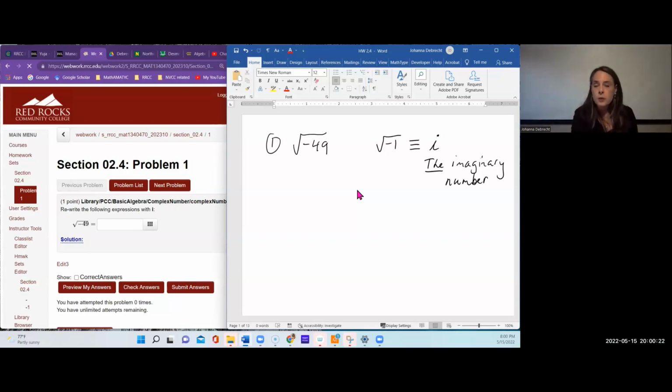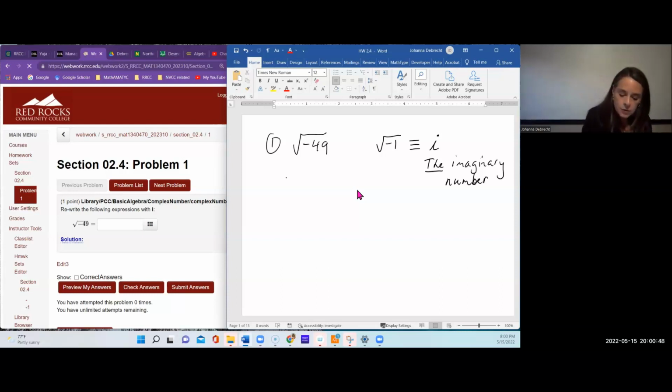What we're going to do is take our radicals, which are negative, and separate the negative from it as the square root of -1 multiplied by the square root of another number. You can only split apart radicals between things that are multiplied together or divided. You cannot split radicals across things that are added or subtracted, and I'll show you why.